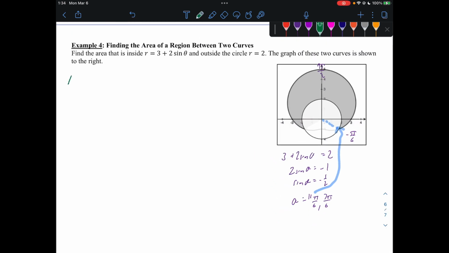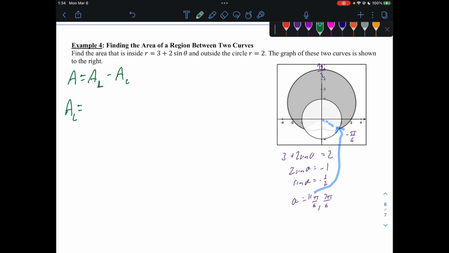All right, so the area is going to be the area of the limacon, so I'm just going to put A sub L, and then we're going to subtract out the area of the circle, A sub C. The area of the limacon is going to be, and again, we're doubling this, so we can do it now or at the end, it doesn't matter.